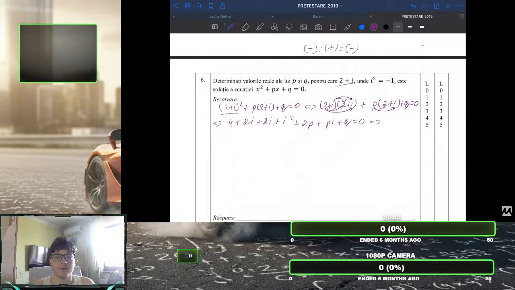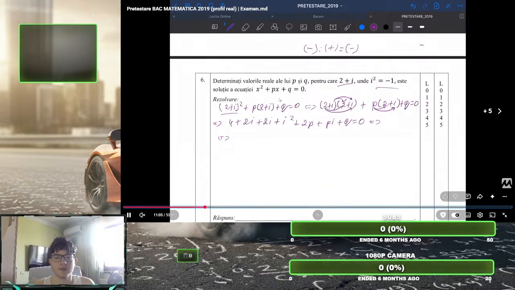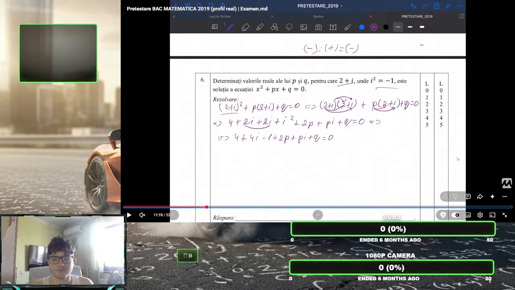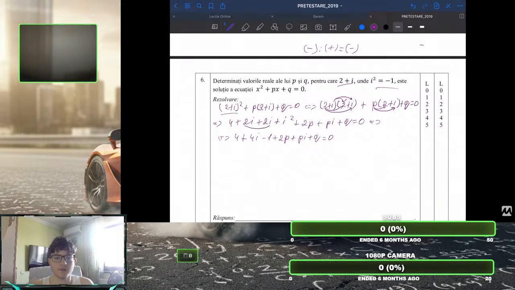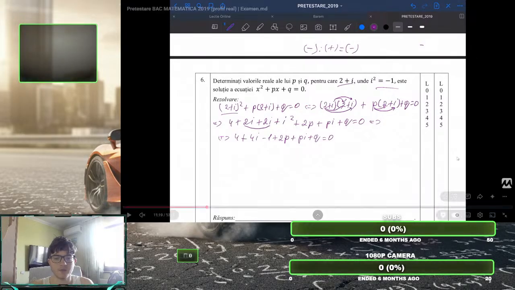Now right there we have plus 4i like I said, and minus 1, and the rest of the stuff. So we are right here, and what we can do now, 4 minus 1, basically we got 3.